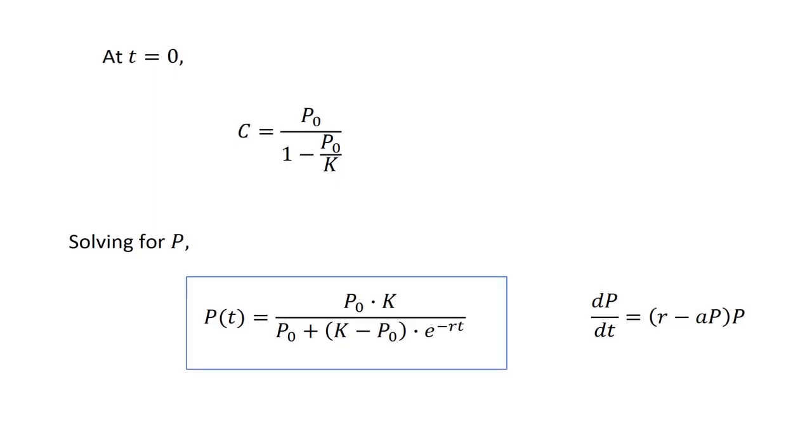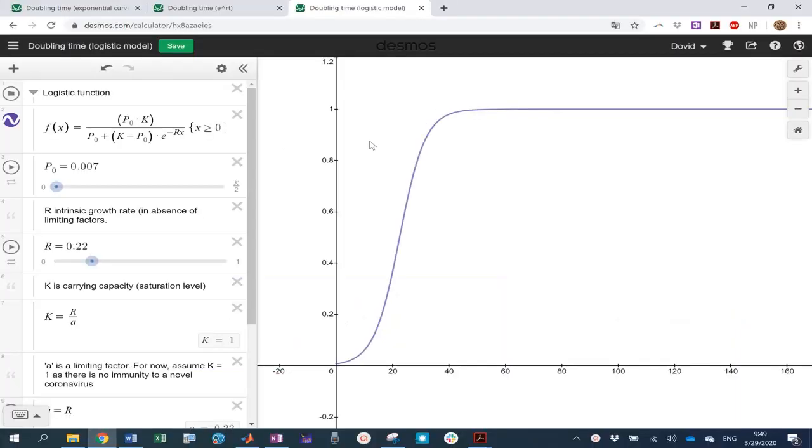And it's worth noting that the small change that we made to the differential equation from r times p to (r minus ap) times p yielded a drastically different equation. So I've gone ahead and I've graphed the logistic function that we just derived a moment ago. And on the screen, what you see is a particular solution for the case where the initial population is 0.007.